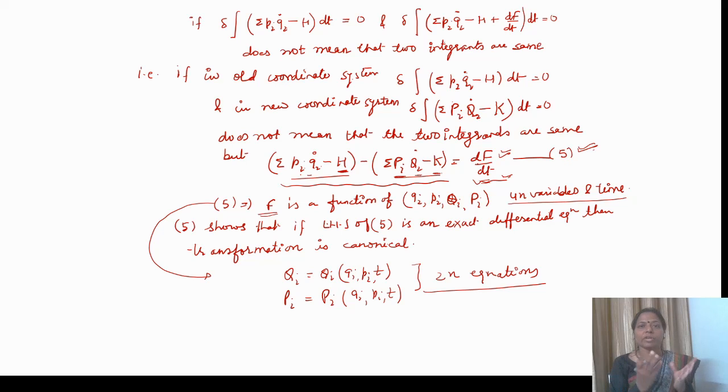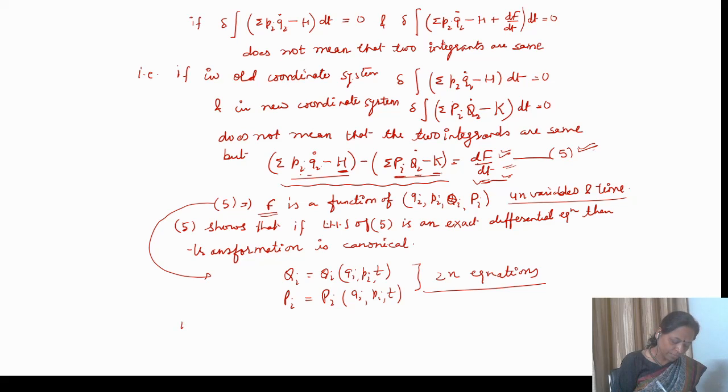So there may be 4 types of combinations in which the f may be defined. And secondly, this f is generating your canonical transformation equations. So this f is called the generating function.